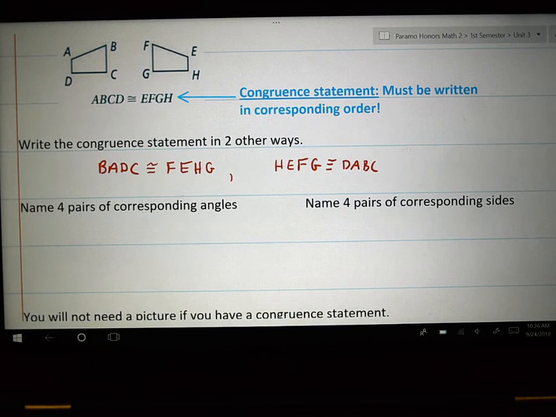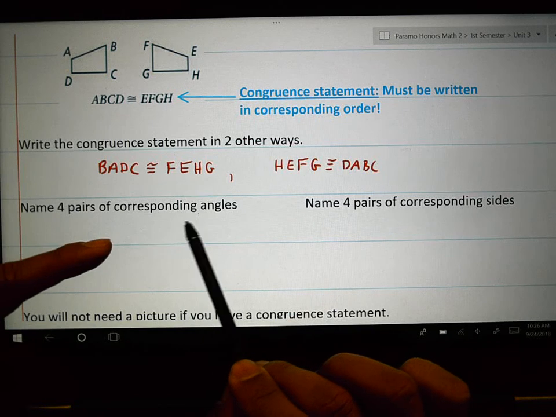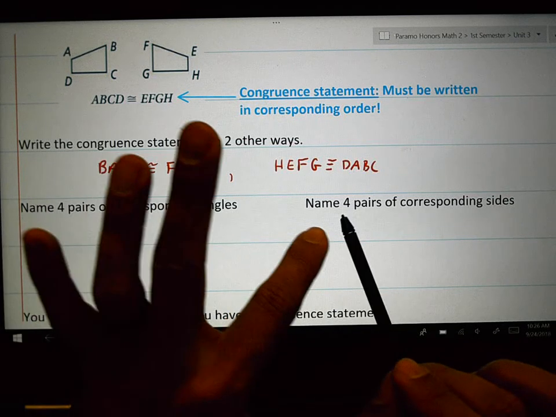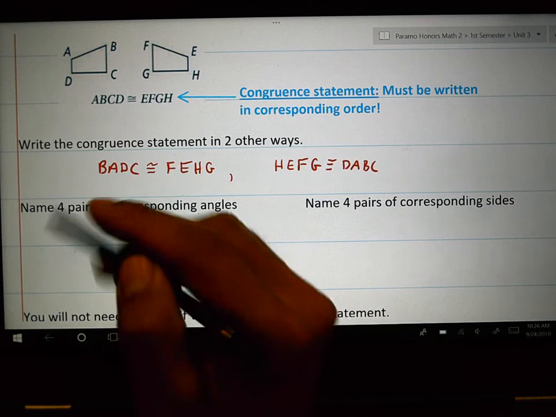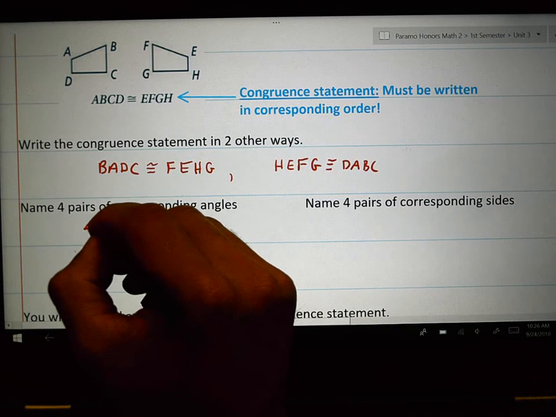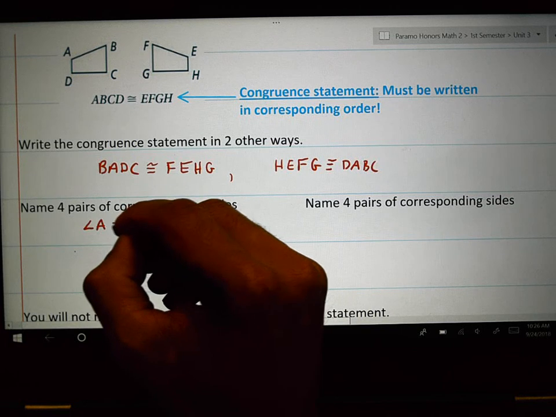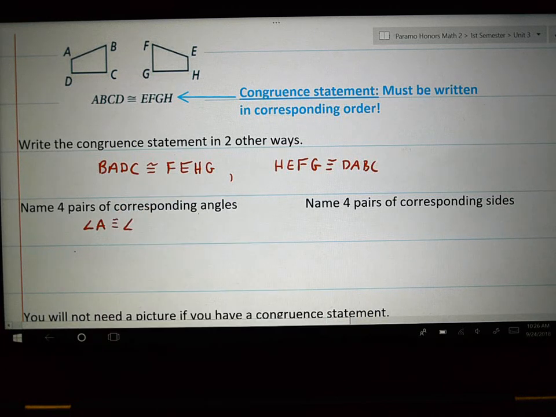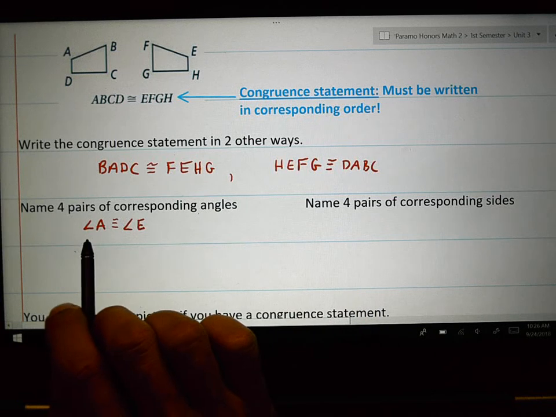As a matter of fact, you can even name four pairs of corresponding angles and four pairs of corresponding sides. What that means is you now know, because of this congruent statement, that angle A is congruent to angle E. You will need to write an angle symbol.